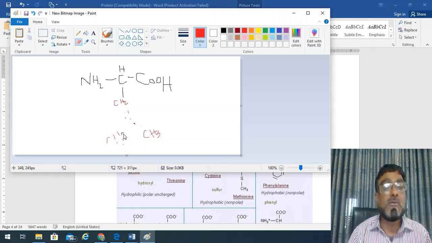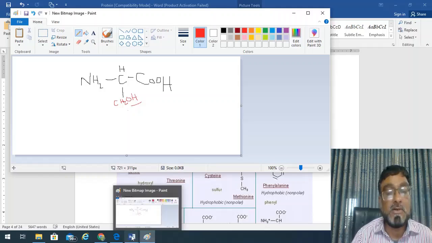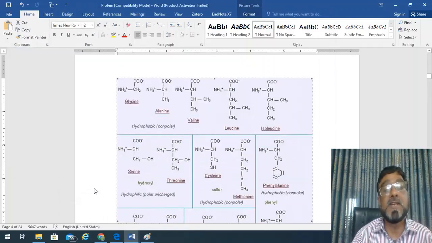So what are you doing? You will be adding CH2OH. This is the hydroxyl group. This is uncharged, but this is actually contributing the polarity, the hydroxyl group. So this is the serine. Another with the hydroxyl group is the threonine.